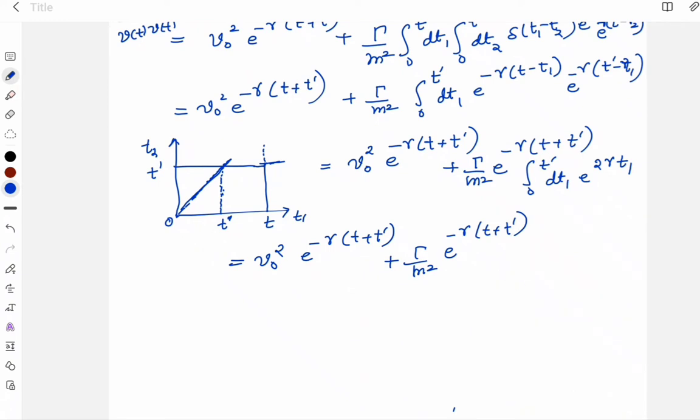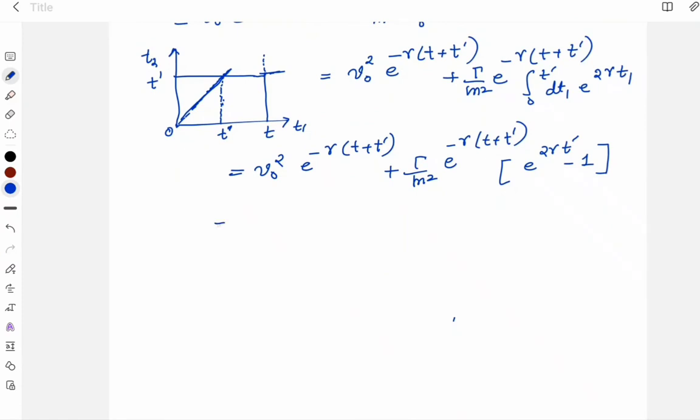Okay, so this will be, you can just check it once. This will be e to the power 2 gamma t prime minus 1, v0 square e to the power minus gamma.